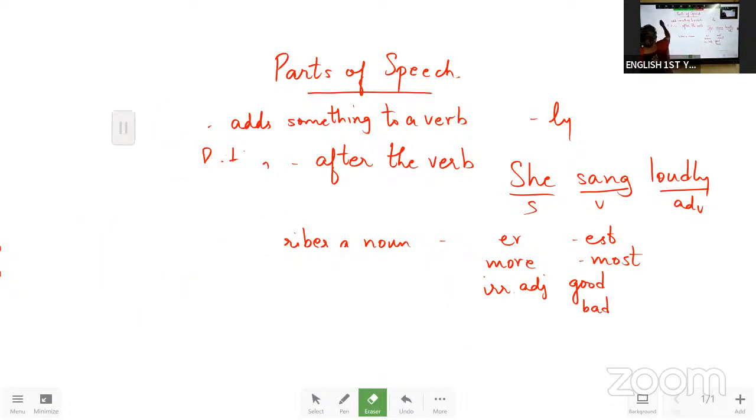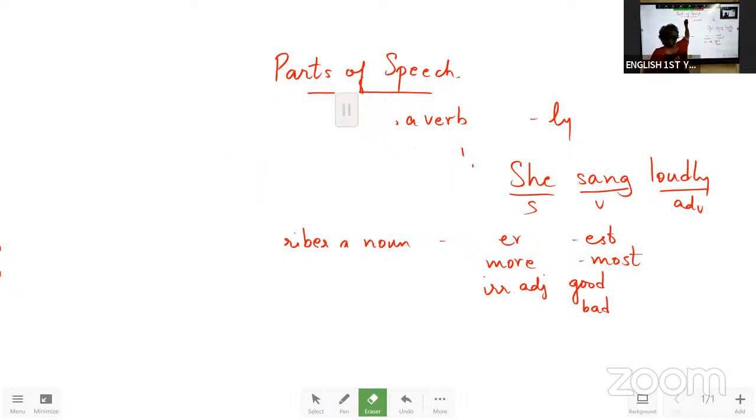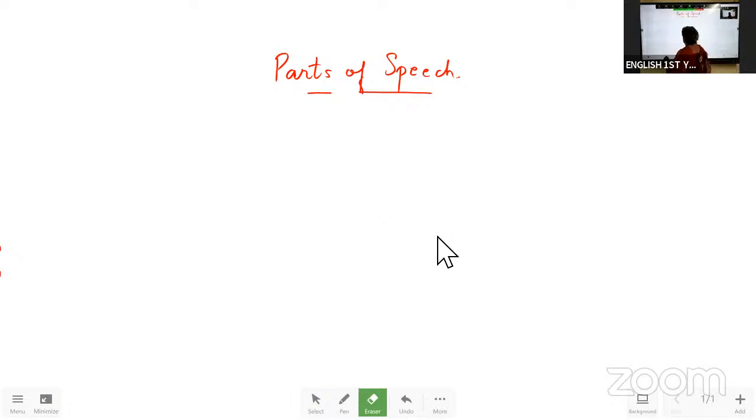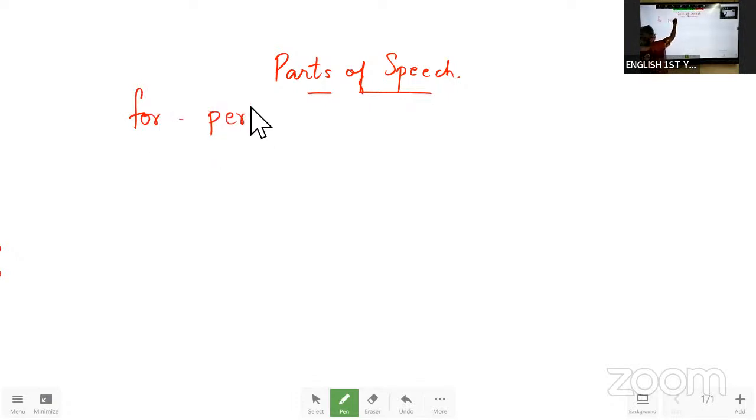For is known as period of time and since is known as point of time.